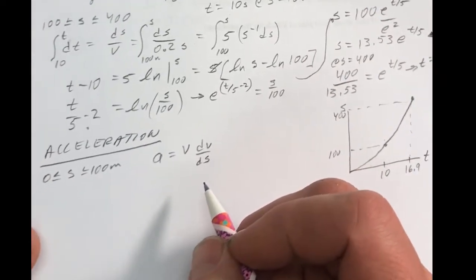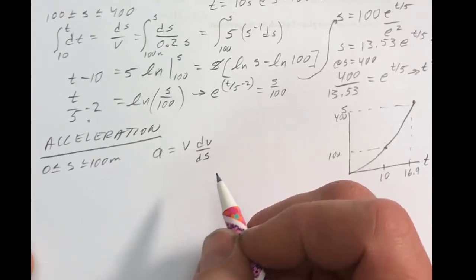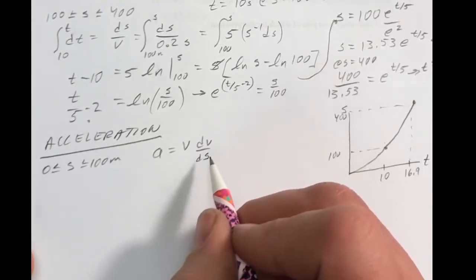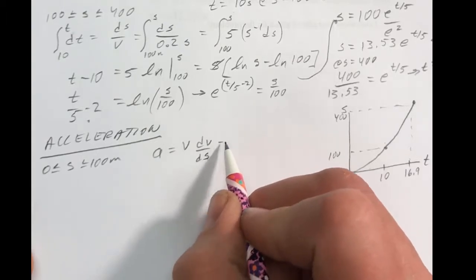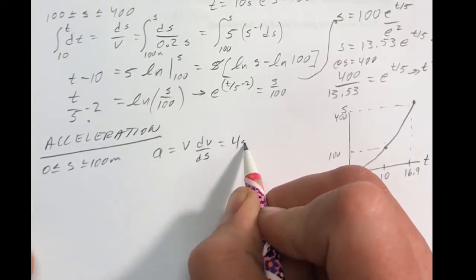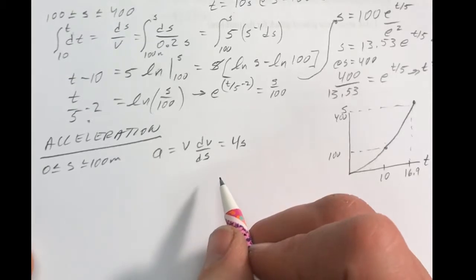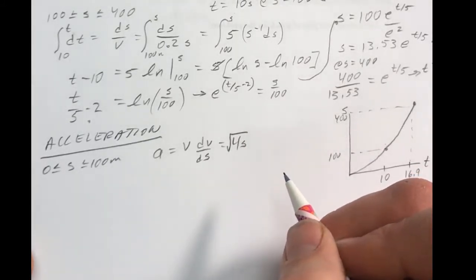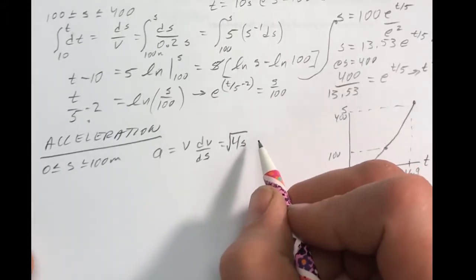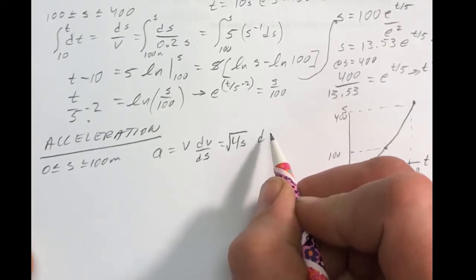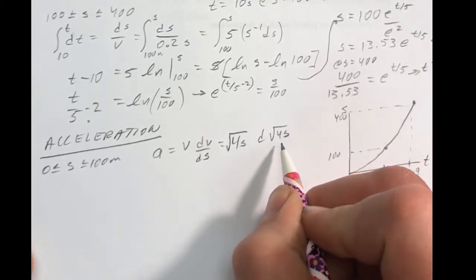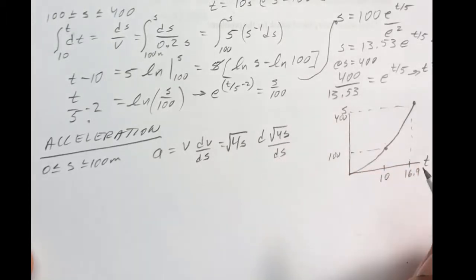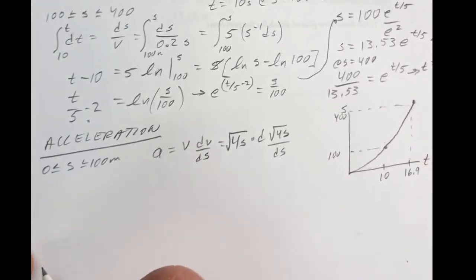So our velocity as a function of s is v, which is the square root of 4s, times dv ds. So we take the derivative of the square root of 4s over ds. All right, so let's work on that.